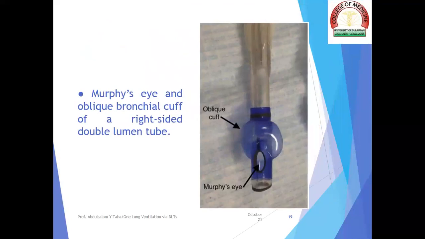So this is the distal end of the right-sided double lumen tube, which is characterized by an oblique cuff and also an opening called Murphy's eye, designed for the ventilation of the right upper lobe.